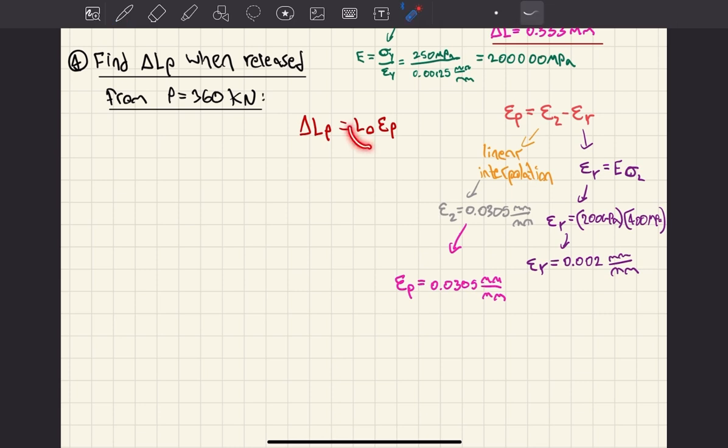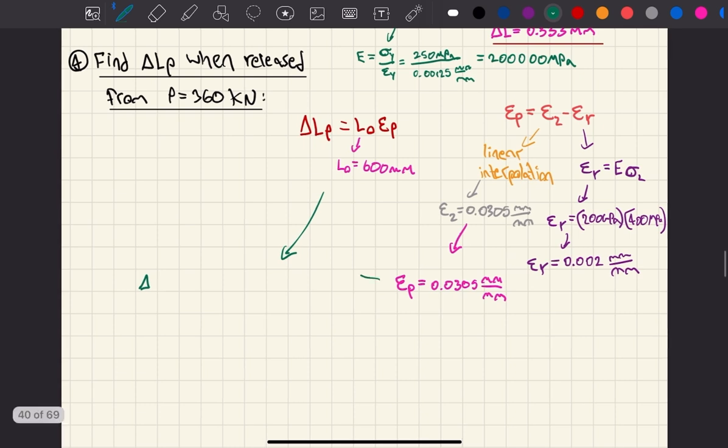All I have to do is multiply it by my original length, which I know L naught is equal to 600 millimeters. And finally, I get that my permanent elongation is equal to 600 multiplied by 0.0305 millimeters per millimeter.